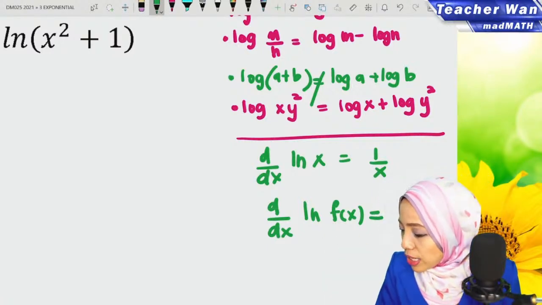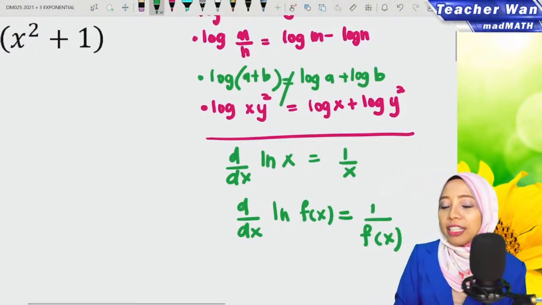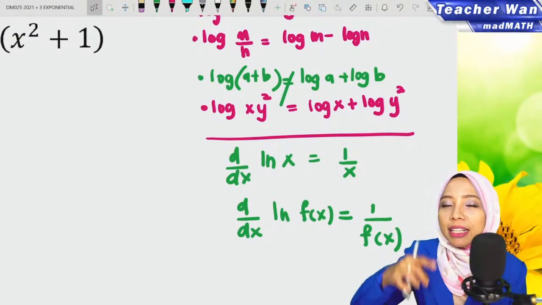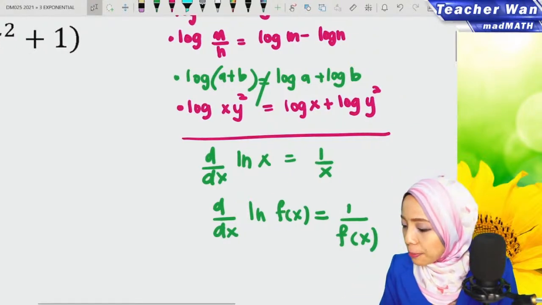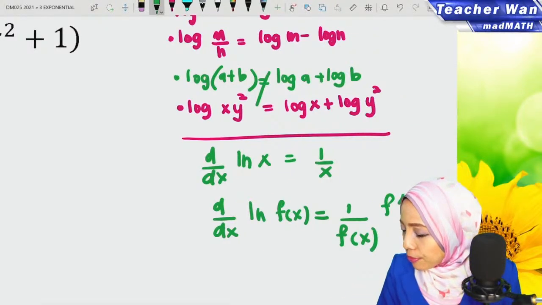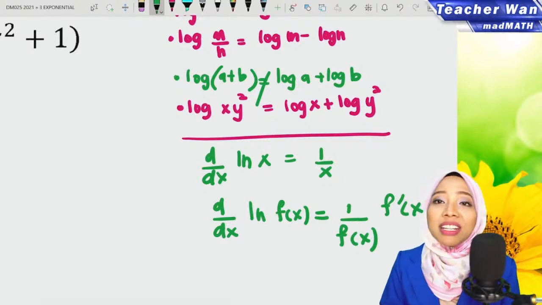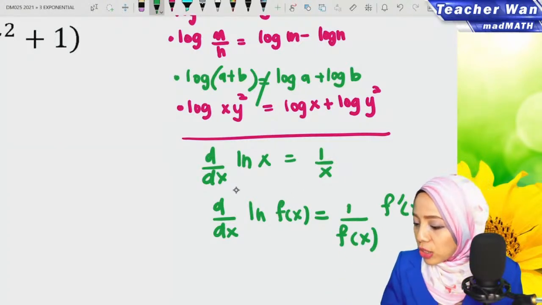So what you're going to do is 1 over f(x). Like just now, you copy the f(x) with 1 over, and then you multiply with the derivative of the function. So keep this in mind.